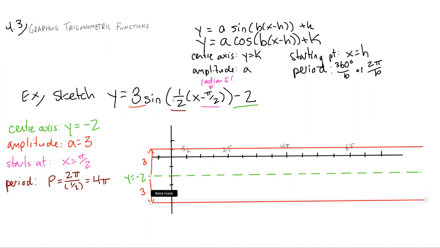So up 3 and down 3 from there. I am certainly blocking some of my numbers, but hopefully you can still see them enough.